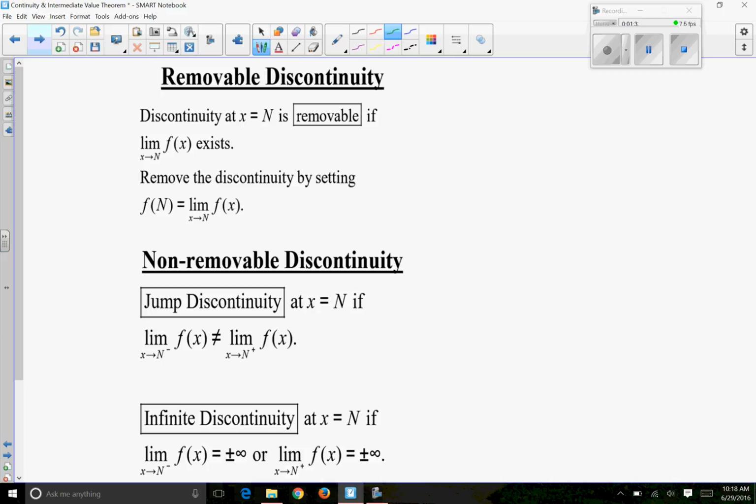There are two types of discontinuity: removable discontinuity and non-removable discontinuity. The discontinuity at x equals some number n is called removable if the limit of f of x as x approaches n exists.